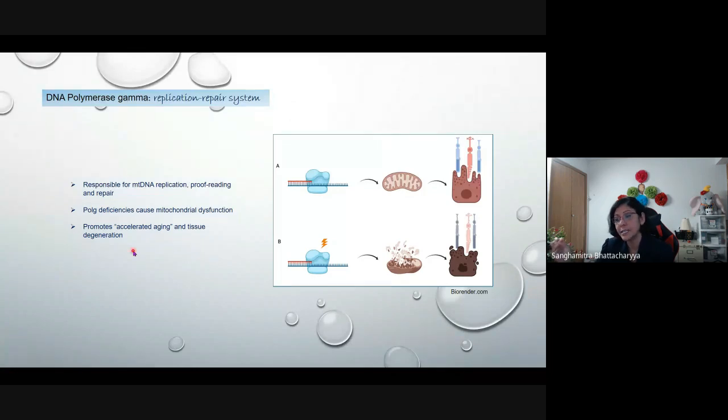So POLG is upregulated to protect the damage to the mitochondrial DNA induced by the increased superoxide or other ROS generating agents.